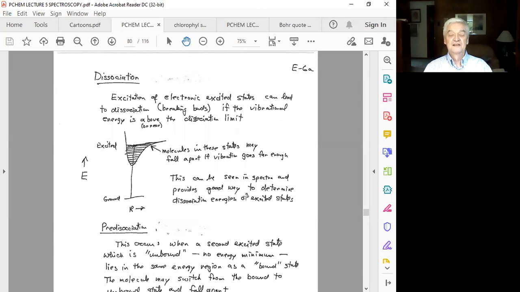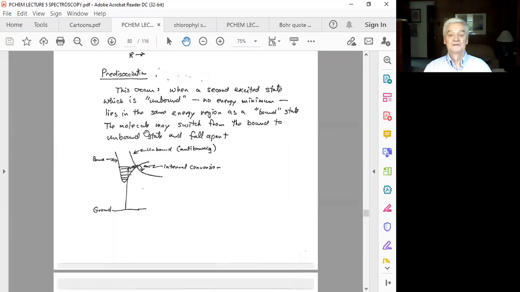Lots and lots of things can occur in an electronic excited state. So here's an example. If I shine light in of a high enough frequency to go to the excited state to the dissociation limit of a vibration. Remember that this is the potential energy curve for stretching a bond. If I reach the dissociation limit, the molecule can just vibrate back and forth. And if I'm high enough, it just zoom, the molecule falls apart.